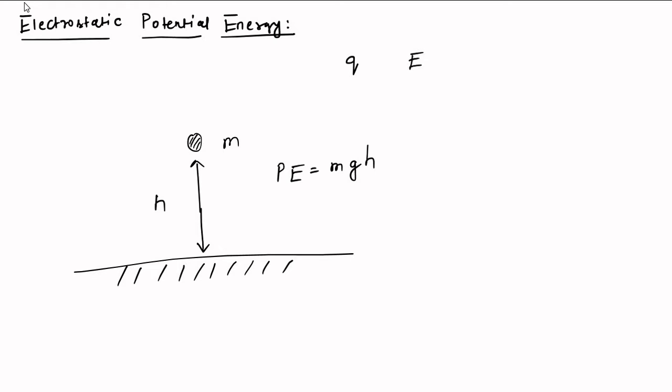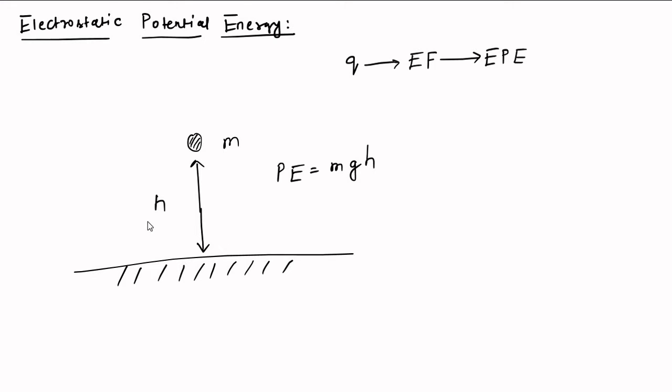And the potential energy which is there is called the electrostatic potential energy. So a charge in an electric field has electrostatic potential energy, in the same way a mass has gravitational potential energy in a gravitational field.